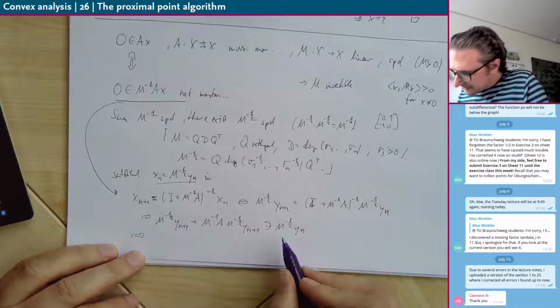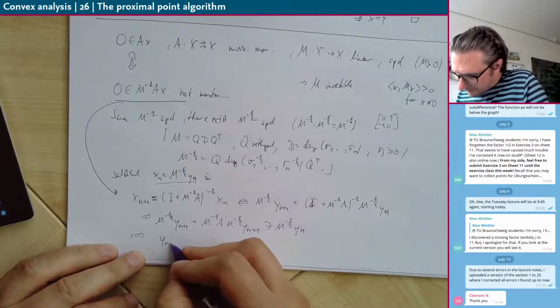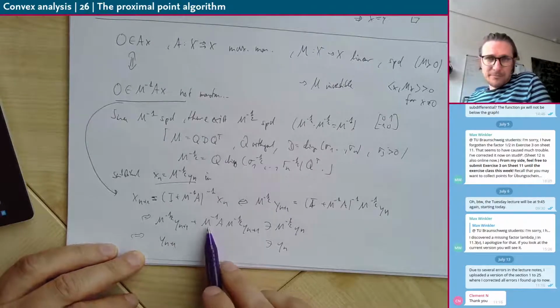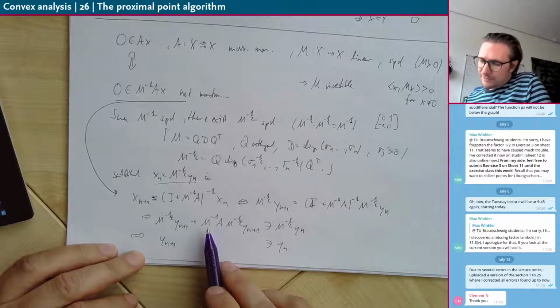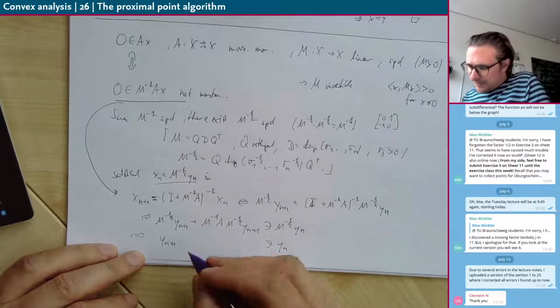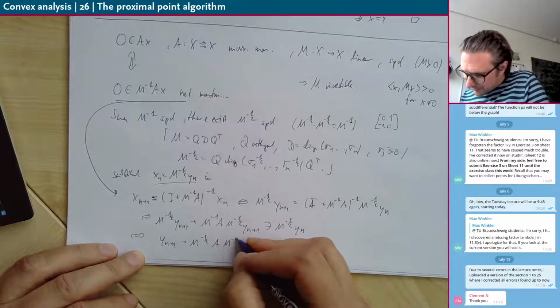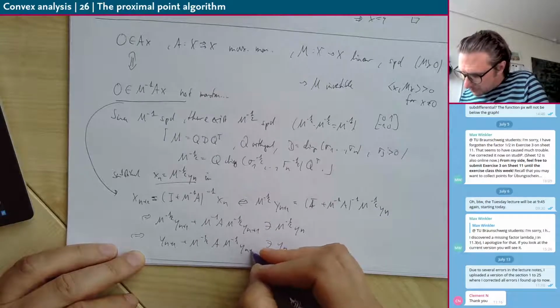This cancels, this cancels, so we get y_{n+1} here, we get y_n here, and M to the 1/2 times M to the minus 1/2 gives us M to the minus 1/2 A M to the minus 1/2 y_{n+1}.